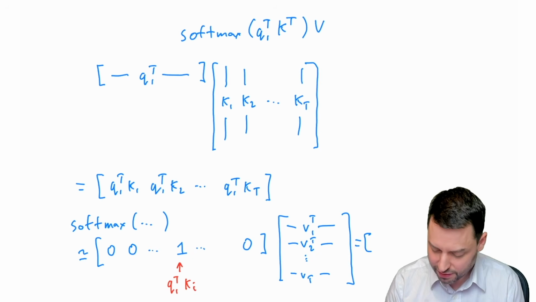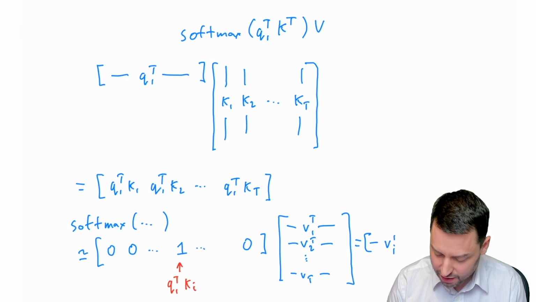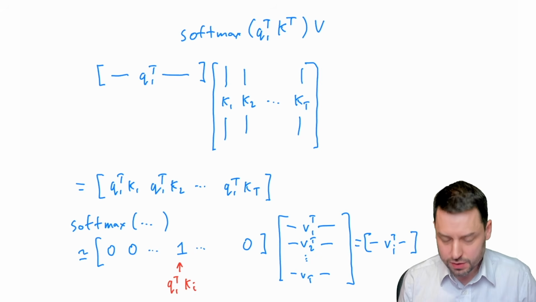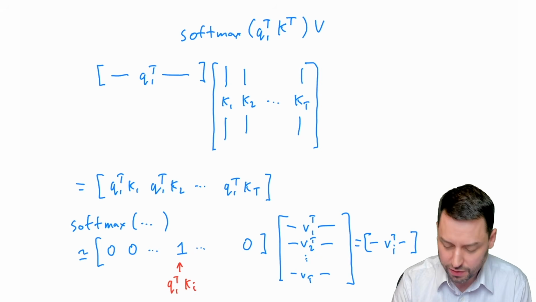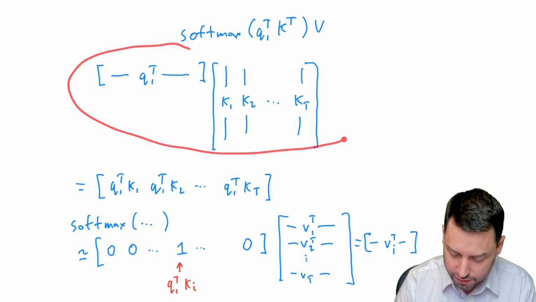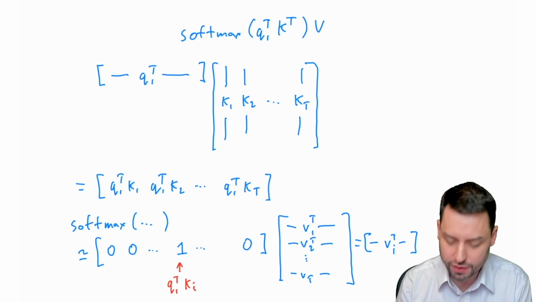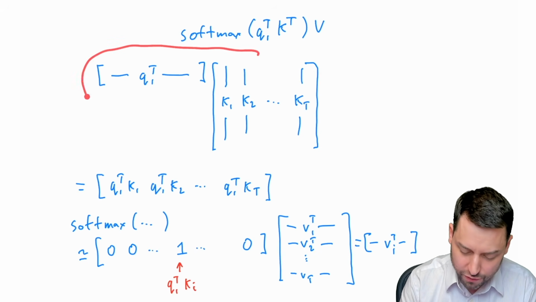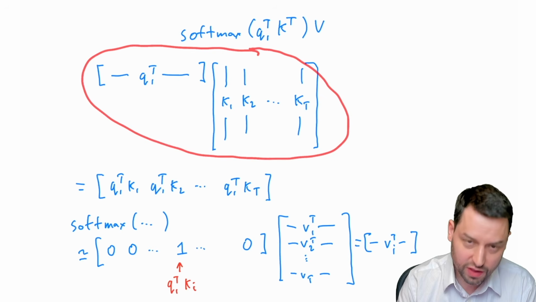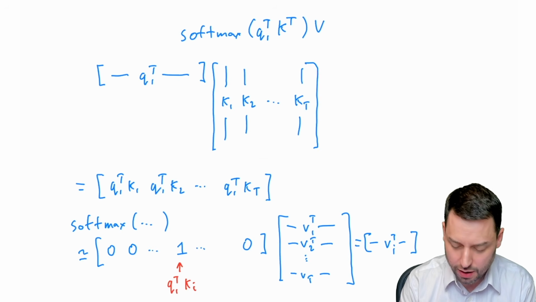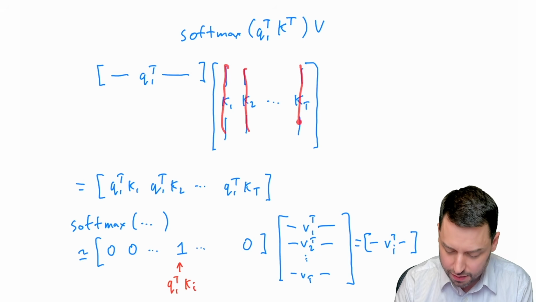Hopefully I won't overwrite myself here. V transpose. Okay, so in other words, what we've done in this operation is that this product here, to compute the first row of the self-attention operator, we form this matrix here, really this row vector, which computes the similarity of the first query term, Q1, with every key.